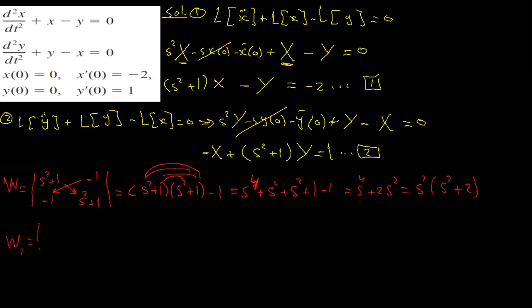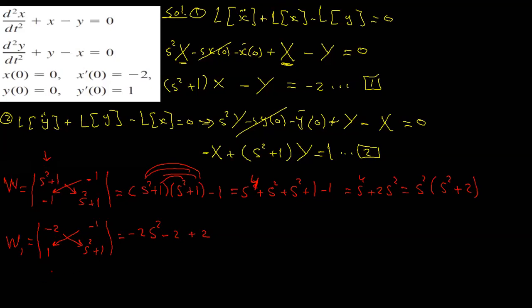Let me find W1. I agreed with you that to find W1, replace the first column by your right-hand side. My right-hand side, it is negative 2 and 1. And here, negative 1, s squared plus 1, is given this by this, which is negative 2 s squared minus 2. Negative this by this, so it is a plus 2. I'm not sure if I did any mistake here. Plus 1, I think. Plus 1?